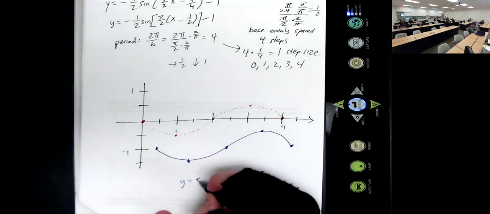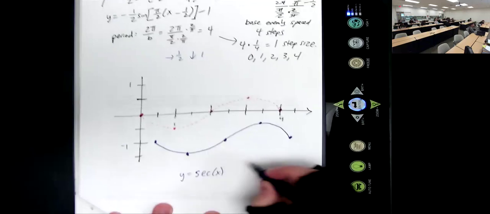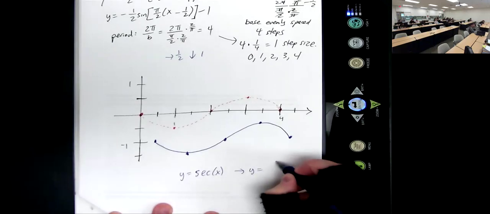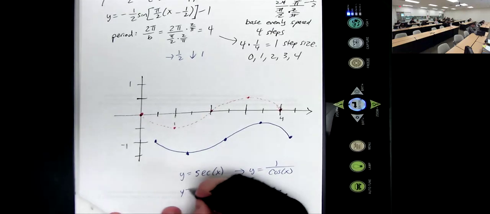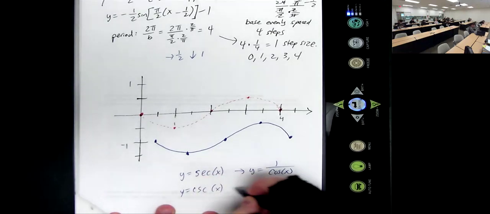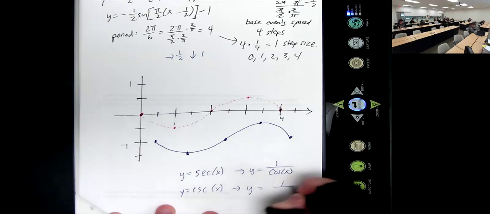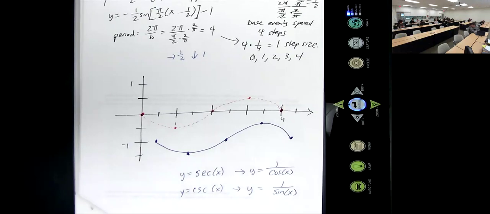Y equals secant x is like doing y equals 1 over cosine x, and y equals cosecant x is y equals 1 over sine x. So the graph of cosine x and sine x very much affect what cosecant and secant look like. So knowing how these are graphed is essential for that. We're also doing tangent and cotangent, but they're their own thing.